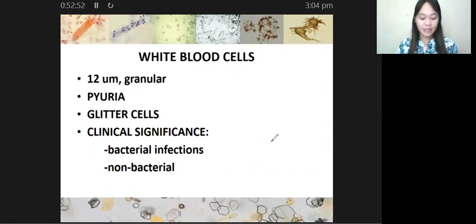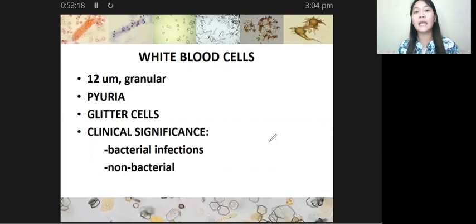Your white blood cells, ayan po. So they have an average diameter of 12 micrometers, and they usually appear as granular cells under the microscope. So the most common type of WBC that is seen in urine samples are your neutrophils.